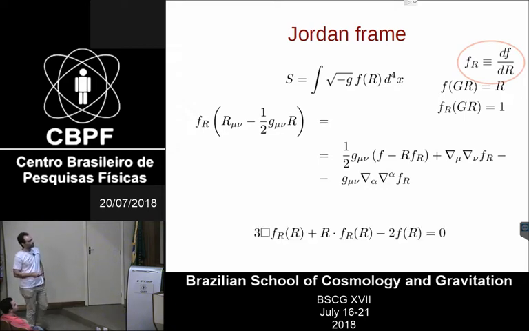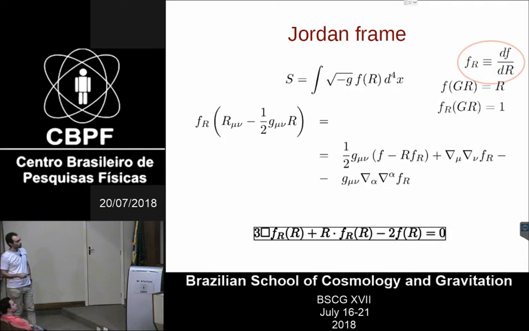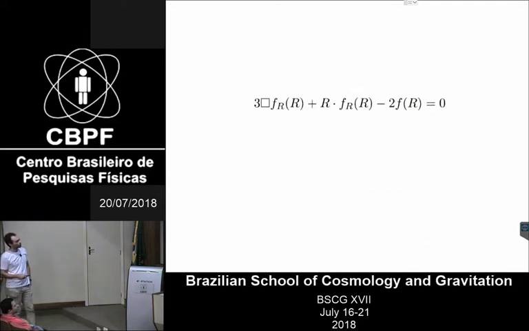And so if you take the trace, you get a more complicated expression for the Ricci scalar. On the right-hand side, there will be T, the trace of T mu nu. And this is not an algebraic equation. This is a differential equation, right? So R does not equal rho or T. It does not necessarily equal T. Right? So this is going to be one of the main equations for the rest of the talk.